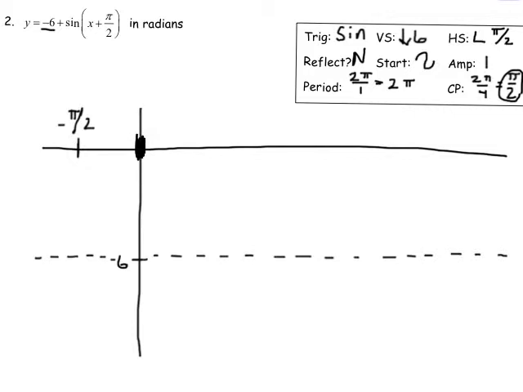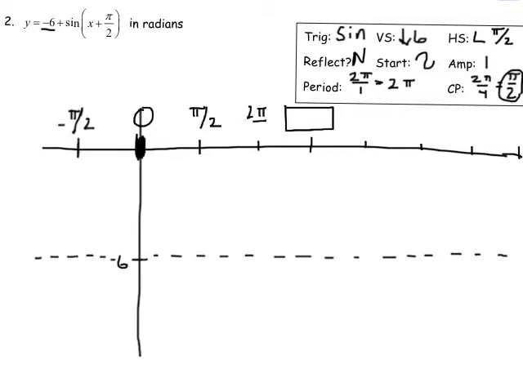So that's the first critical point. So that's critical points 1, 2, 3, 4. This is the first cycle. 1, 2, 3, 4. I'm kind of squishing that in here. So when I add pi over 2, like I said, this is 0. Then pi over 2 plus pi over 2 is 2 pi over 2.